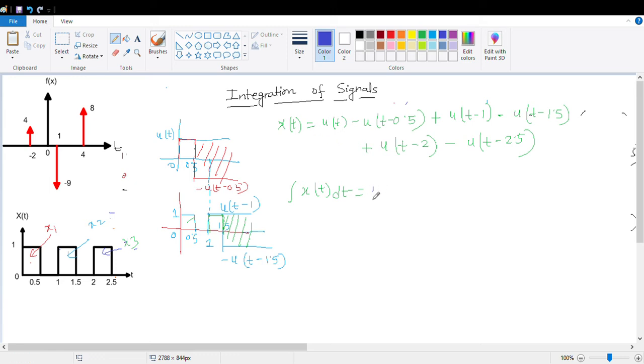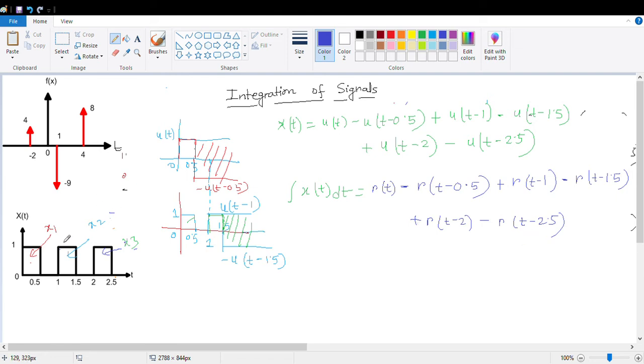This will be r(t) minus r(t minus 0.5), then r(t minus 1) minus r(t minus 1.5), plus r(t minus 2) minus r(t minus 2.5). So this will be the integration of the signal, which we get from the mathematical expression of the signal.